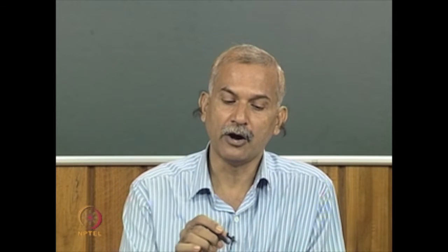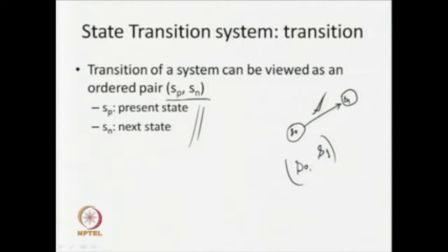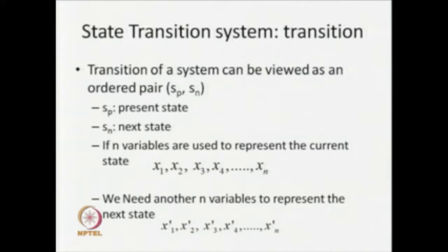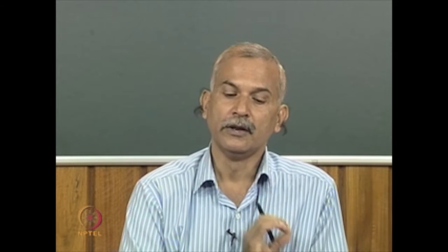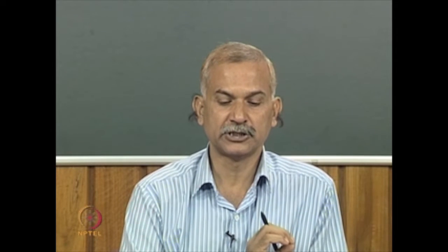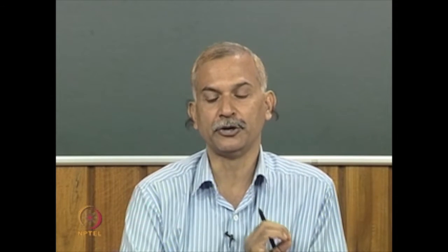Now, we are going to see how these transitions are represented, or how we can capture this transition. I have already said that if we have some n number of states, then we need a minimum number of state variables equal to log n to the base 2. Now, say we have a state transition system where n variables are used to represent the states.